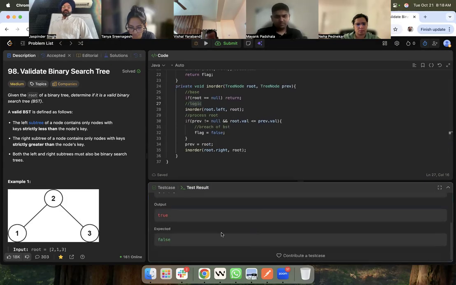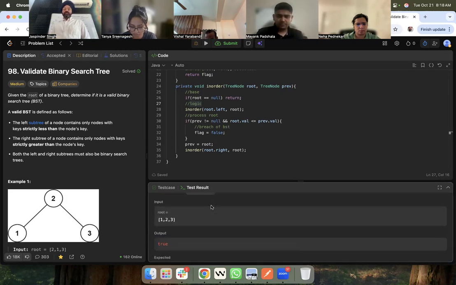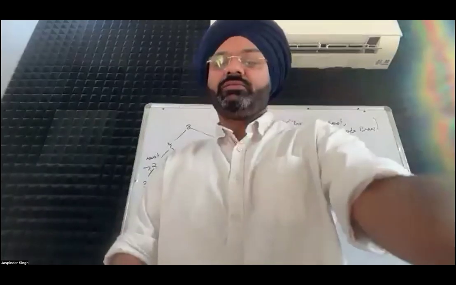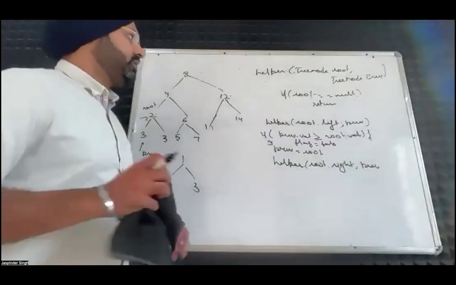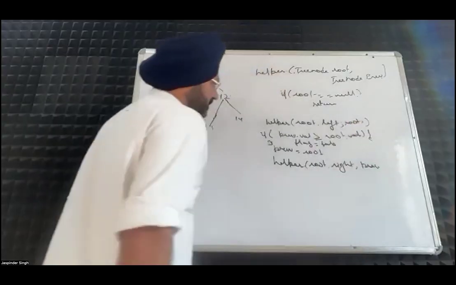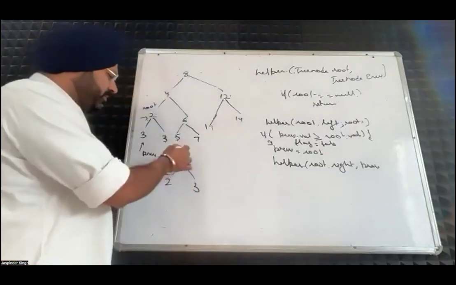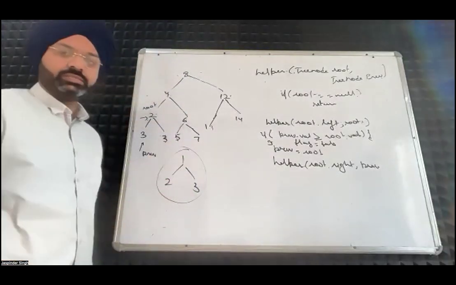Means I should be expecting a false, but it is telling me that it is true, that this is a valid BST. This code that we have written over here is telling us this is a valid BST. It's not a valid BST.